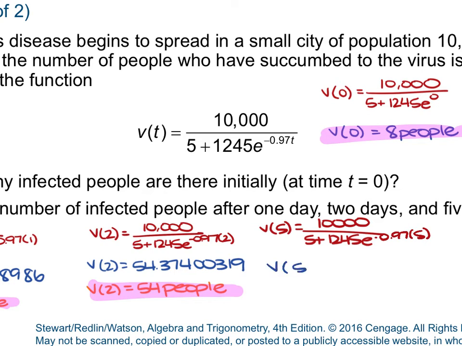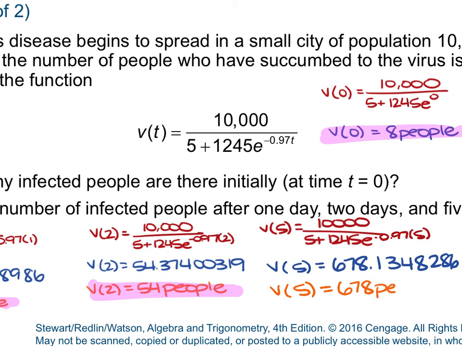So we plug this into our calculator. 10,000 divided by 5 plus 1245 times e to the power of negative 0.97 times 5 gives us 678.1348286. We round this to the nearest whole number, and after 5 days, 678 people are infected.